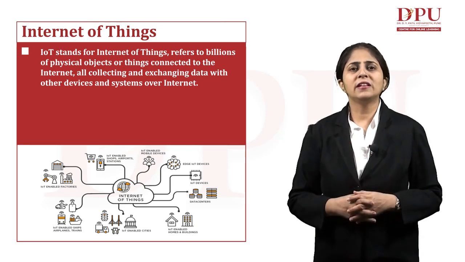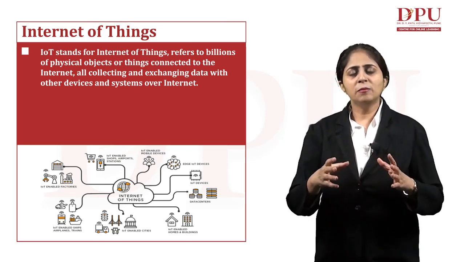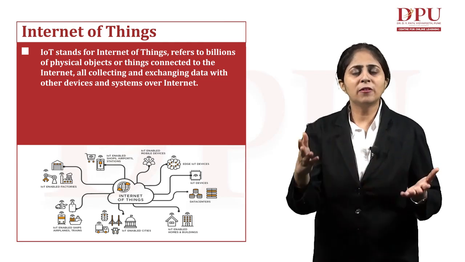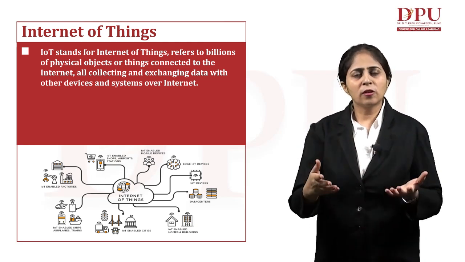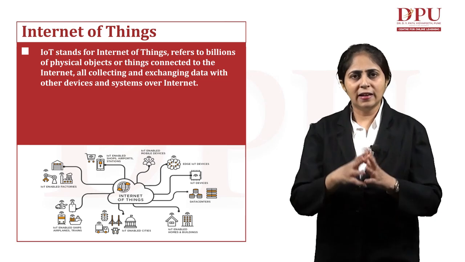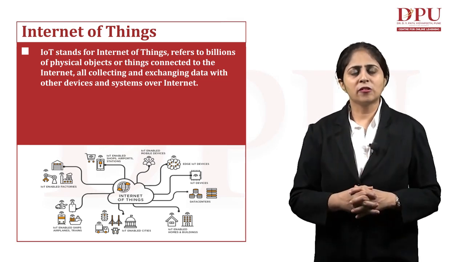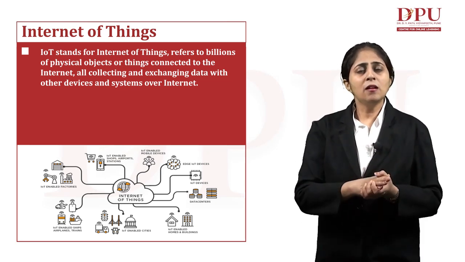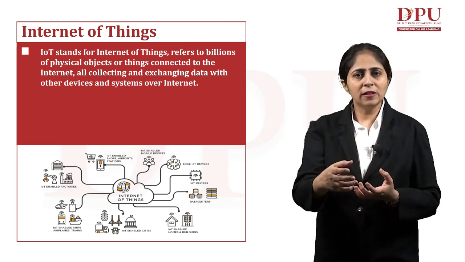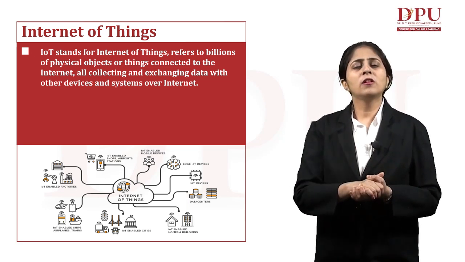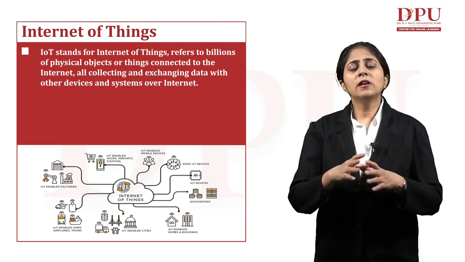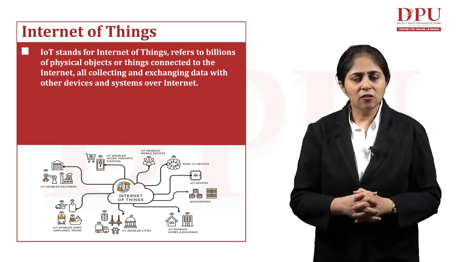This is called Internet of Things. That means today we are connecting a number of devices. Suppose you have Alexa or any virtual assistant at your home. With the help of this Alexa, you can switch on the geyser at your home. You can switch the lights of your home on and off.